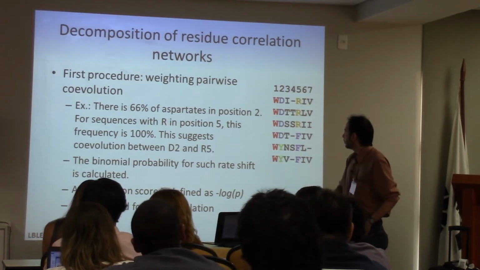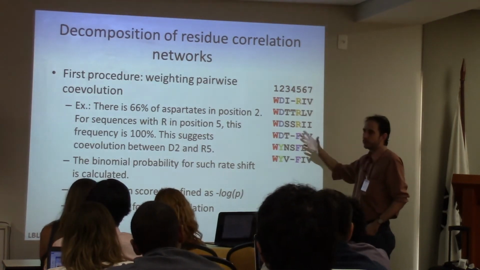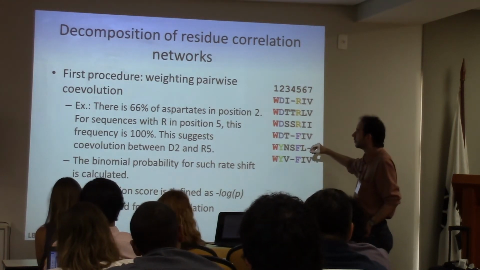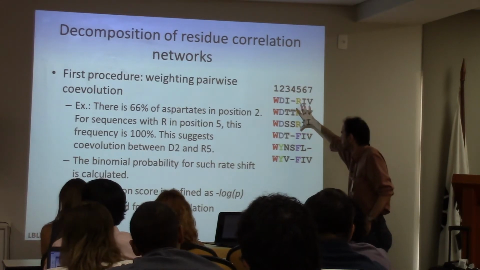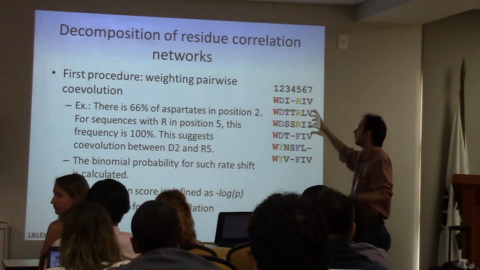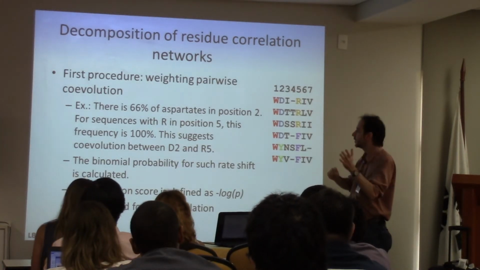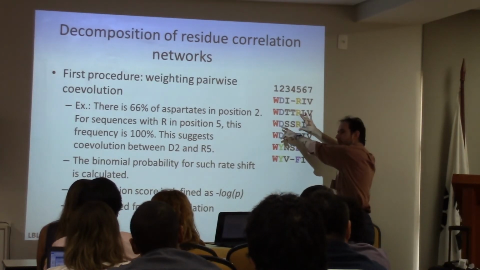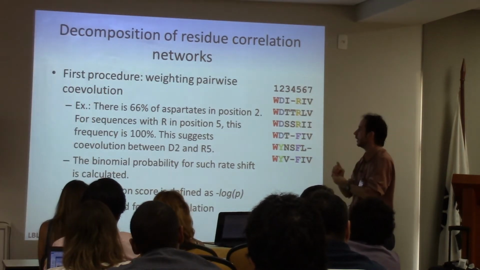The first thing we do to calculate the pairwise correlation is we see, for a given position which has a given type of residue, we calculate its frequency and see how the frequency varies for another position with that distribution.